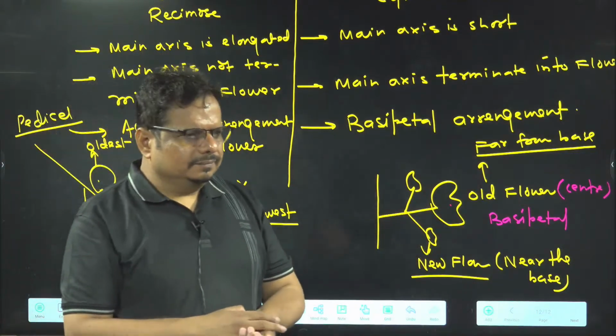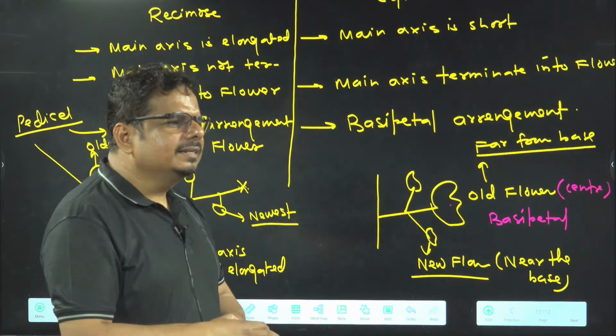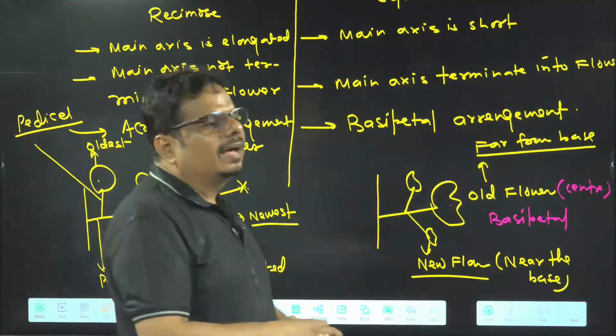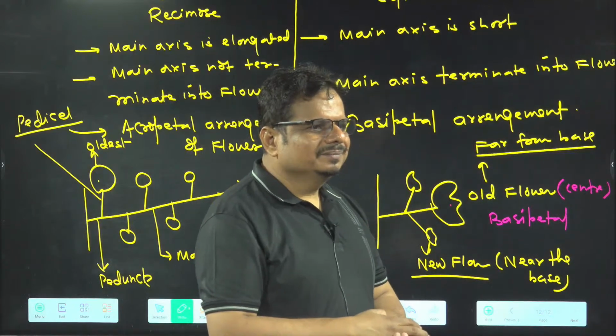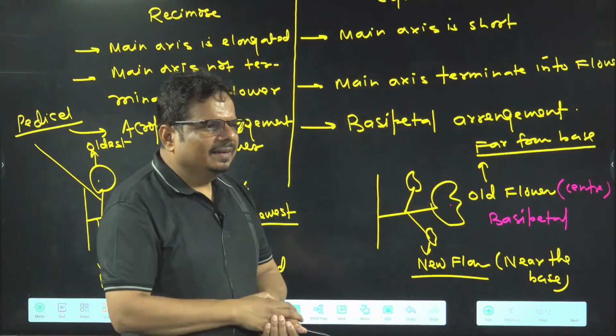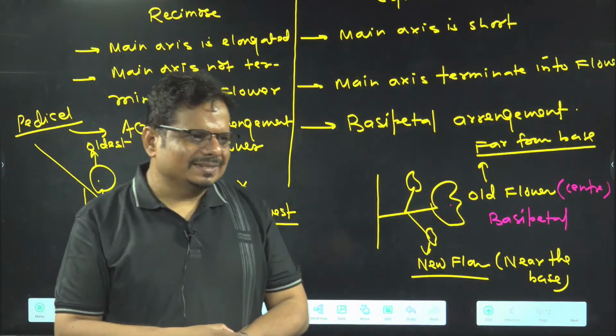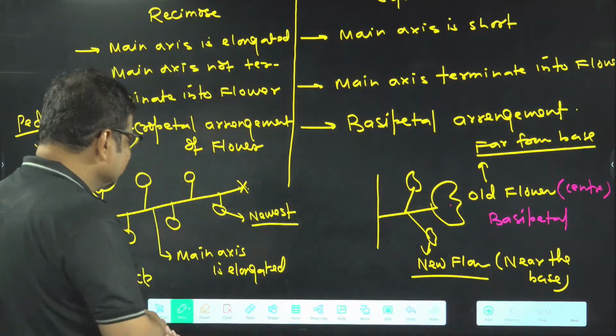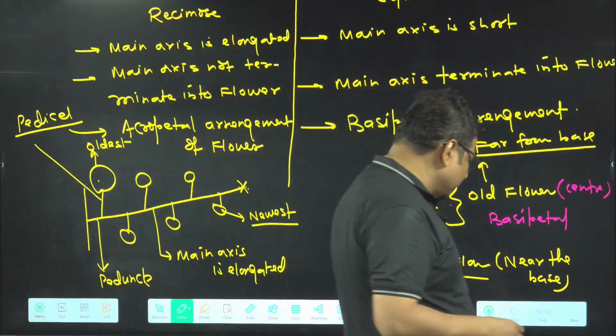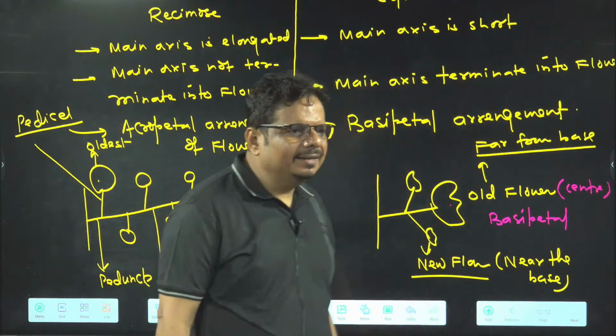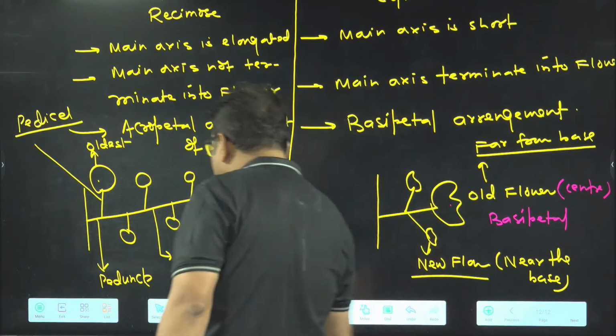Okay. One student is asking, what is a spathe, sir? A spathe is a large colorful bract called spathe. It is present in which kind of inflorescence? Tell me. A spathe is present in which one? Spadix. Getting the things.